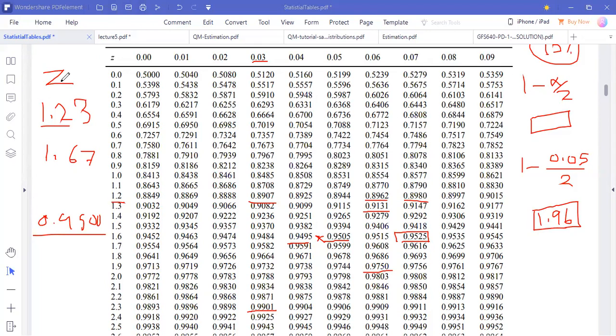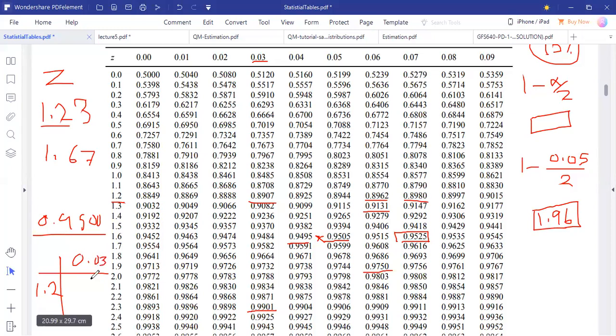So the reading for the Z value is as follows. If you're reading 1.23, you go under 1.2, the first two values, then the last value 0.03 is the one that you're going to check into the table. So we're using the Z value only here. We're not considering any T values.